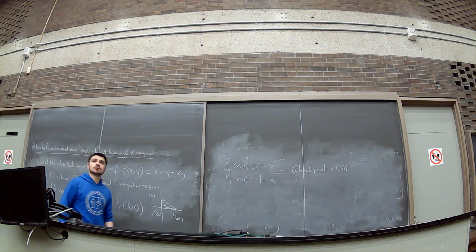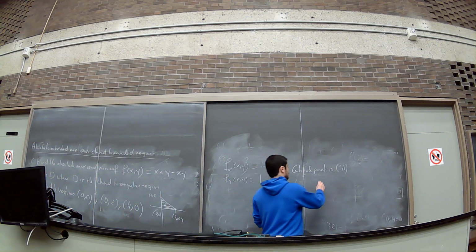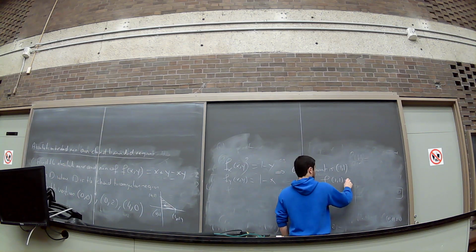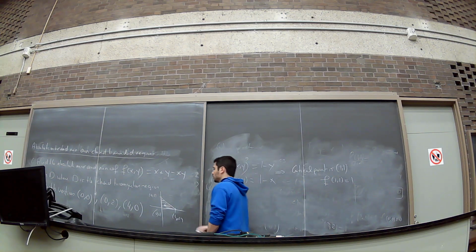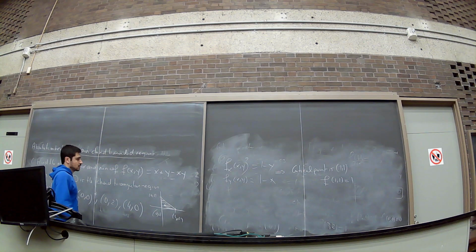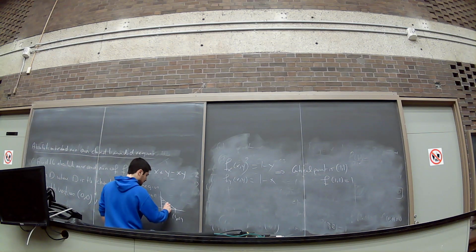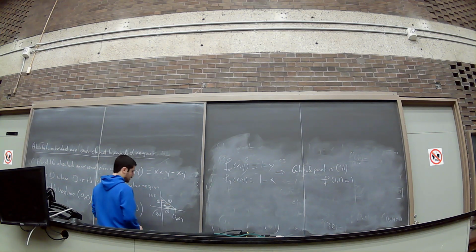What is f(1, 1)? f(1, 1) is 1. Now the boundary: in how many parts can I decompose the boundary? Three. Let's go 1, 2, and 3.